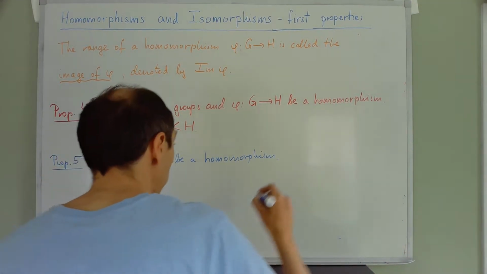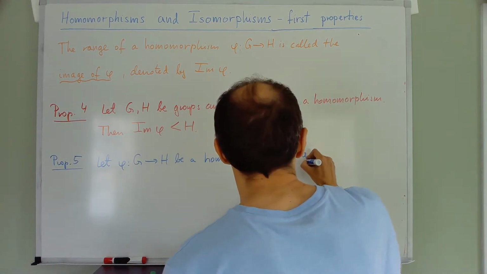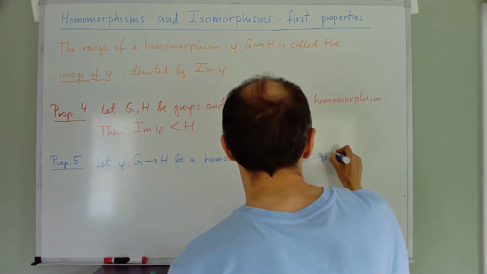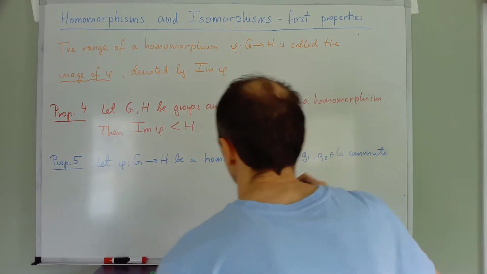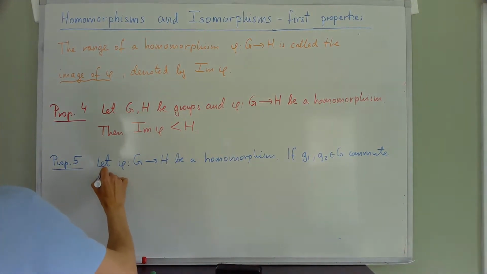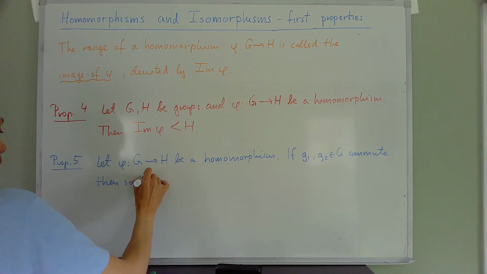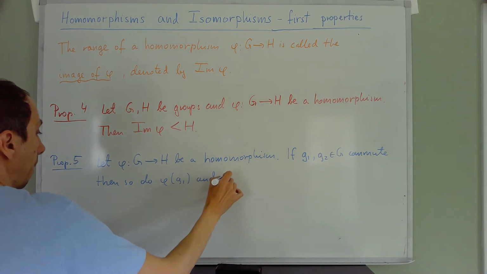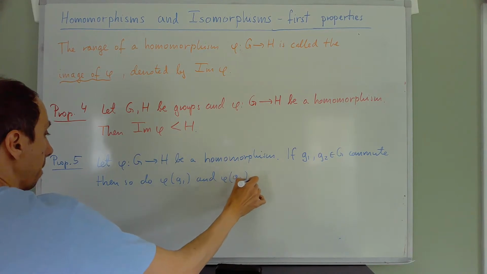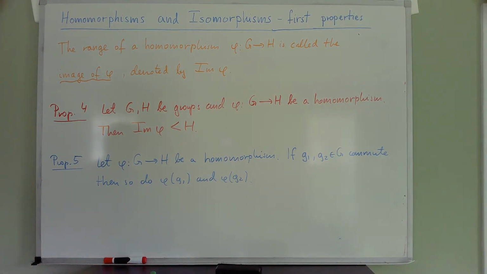If g1 and g2 in G commute, then so do their images. Okay, this is quite an easy proposition, so let's prove this.